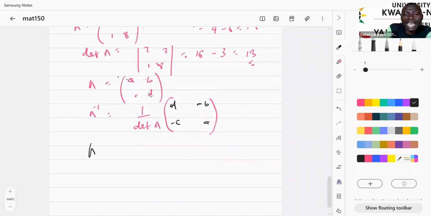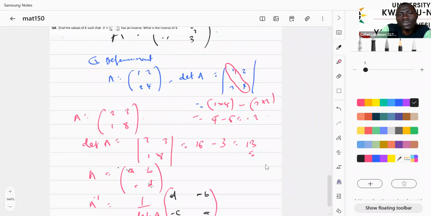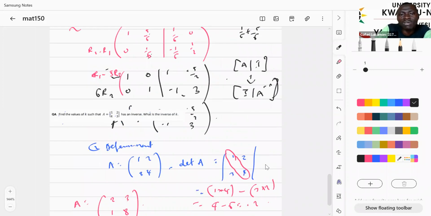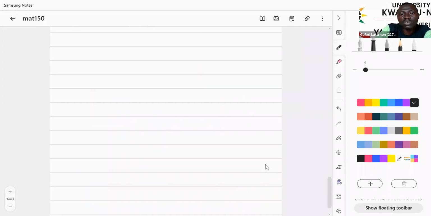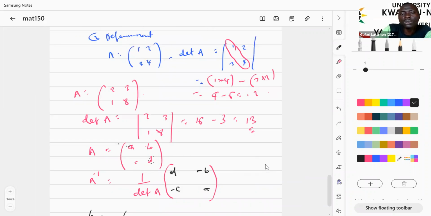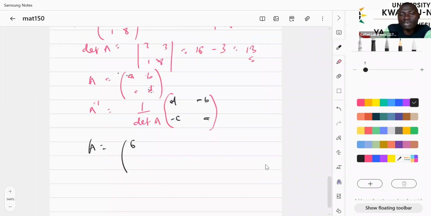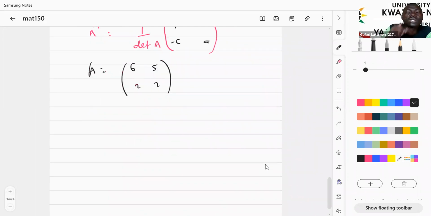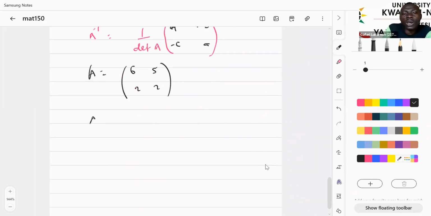So let's say my A is equal to, why not use the one we found the other time? We have 6, 5, 2, 2. Don't forget, if you want to use this shortcut method, then your A inverse will be 1 divided by determinant of A. That is when you don't want to use the row reduced echelon form I've just explained.